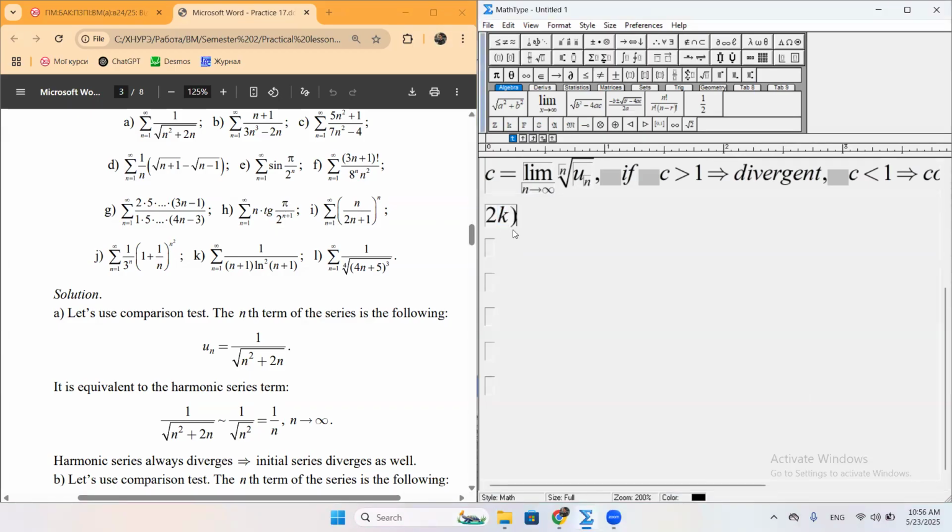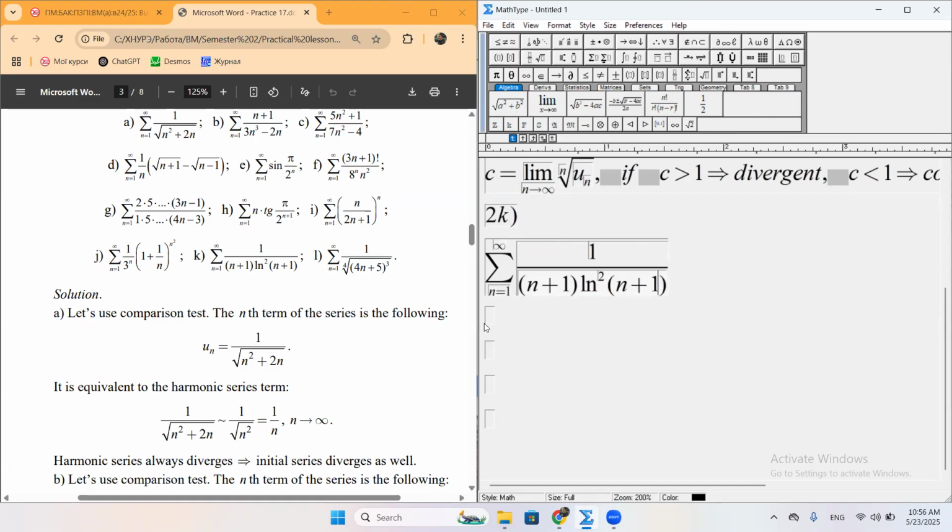So the following series: the sum for n from 1 to infinity of 1 over (n plus 1) logarithm square of (n plus 1).